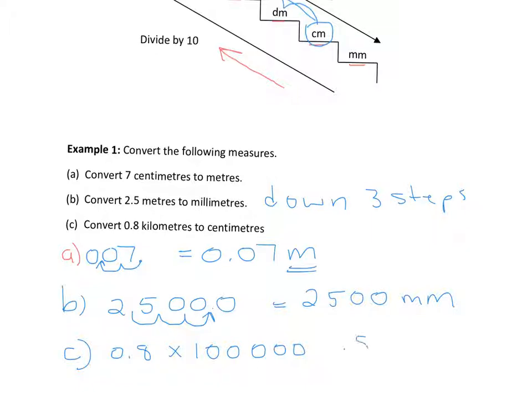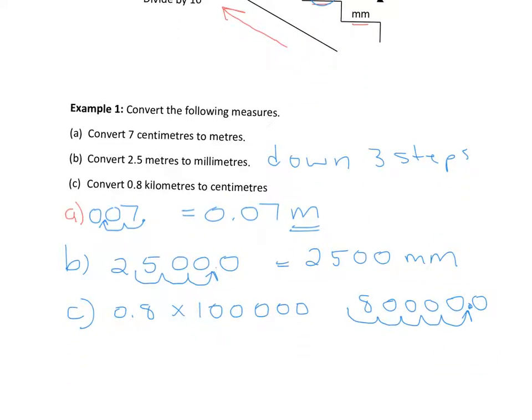So if I start with that 0.8, throw a bunch of zeros behind it, at least 5 just to be on the safe side, and move that decimal place 1, 2, 3, 4, 5 times. So I now have 80,000 centimeters. And again, don't forget to include the units with all of your questions.